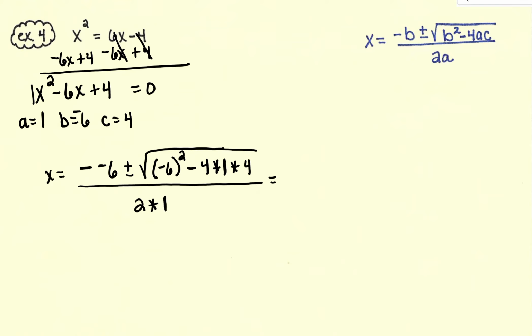All right, right here, negative of a negative turns into a positive 6. Two wrongs make a right, only in math class. And then plus or minus the square root.